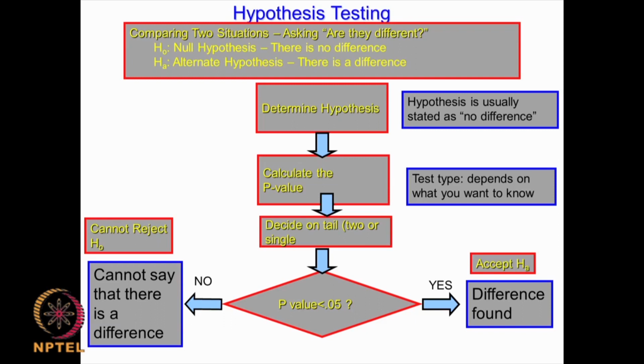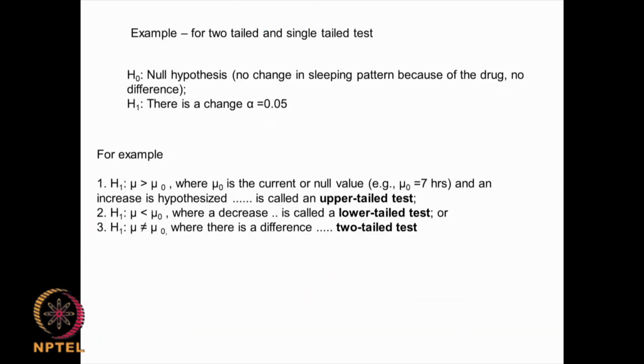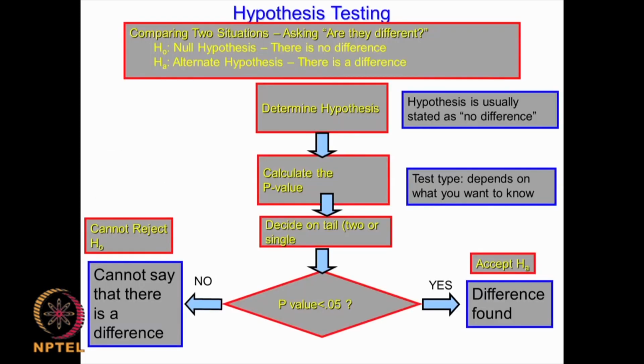Okay, so, you formulate the hypothesis and then you calculate your p value based on the type of equations you use. Then you decide whether it is a single tail or a two tail test, then you decide whether you are going to look at it at 95% or 99%. Then you say, the p you have calculated, is it less than 0.05 or greater than 0.05?